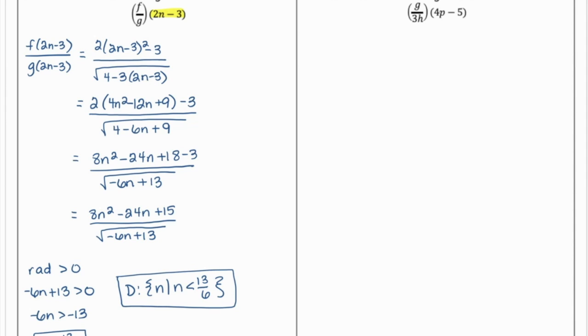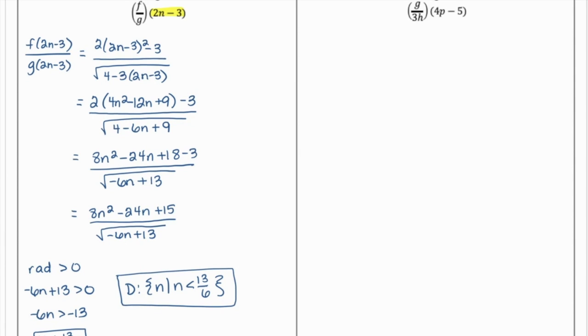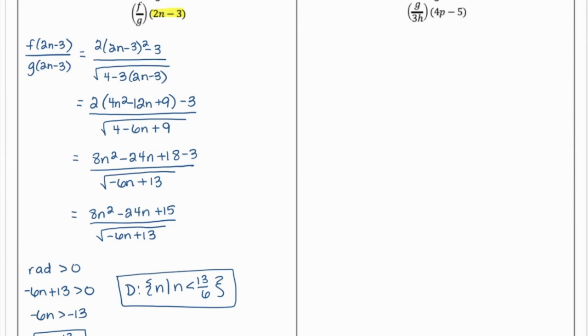Number 4, we have a similar situation. We have a g function divided by 3 times an h function where our input is 4p minus 5. So I'm going to do the same process. I'm going to simplify as much as possible, get to an output piece, and see what I have.